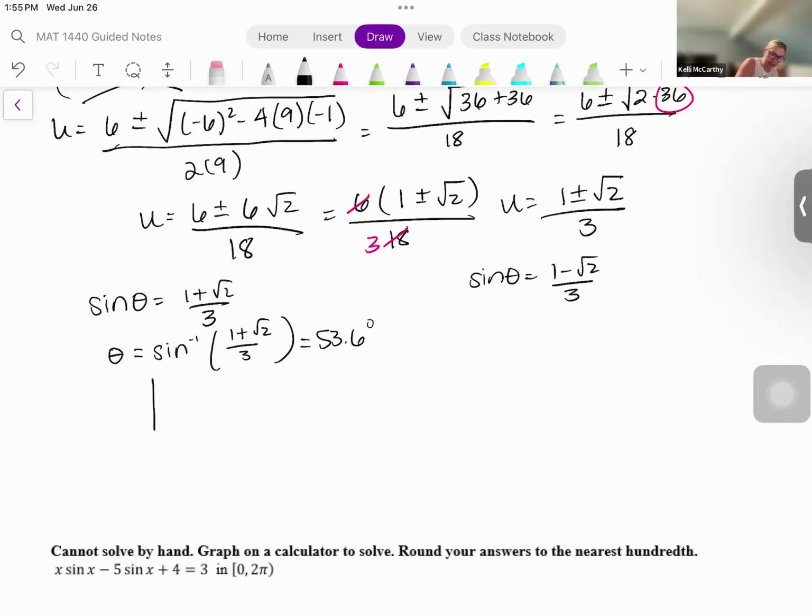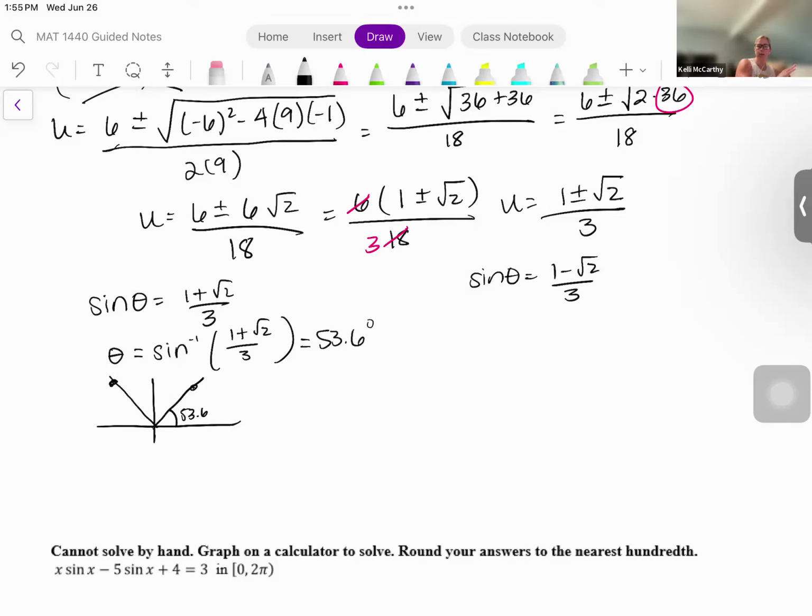So if I visualize, my 53.6 degrees is in this first quadrant, say here. Well, if I were to mirror that about the y-axis on the unit circle, that terminal side is going to have that same y value for sine. So this first angle in quadrant 1 is 53.6.